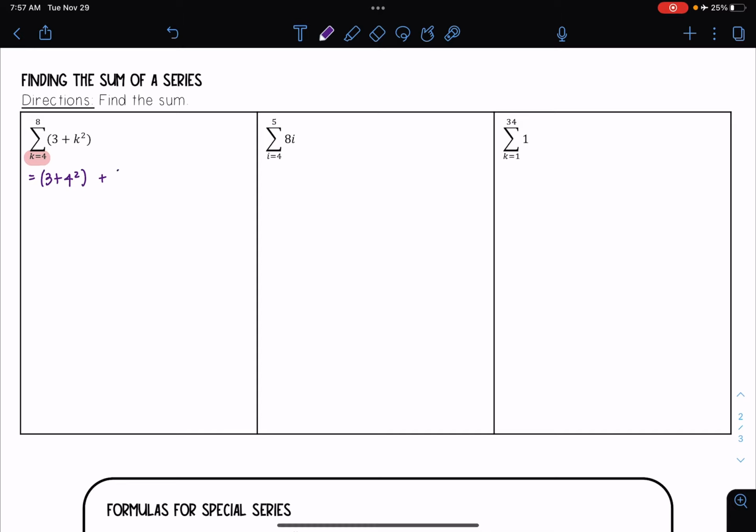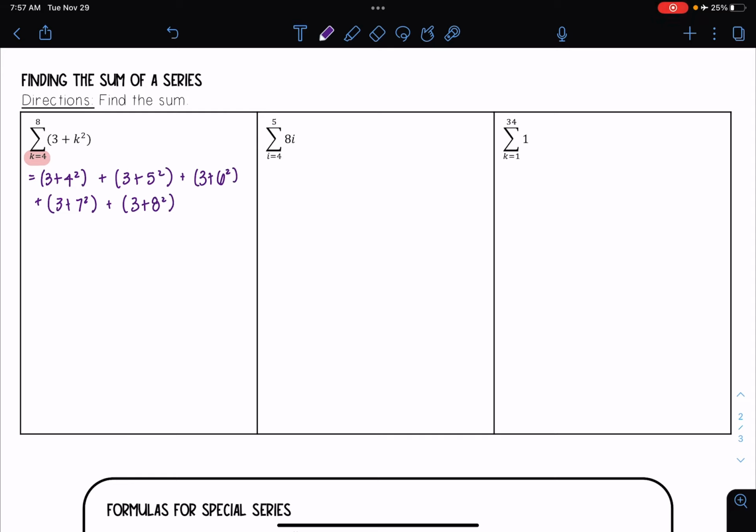So the next one, I'm going to have 3 plus 5 squared. Then 3 plus 6 squared, 3 plus 7 squared, and then 3 plus 8 squared.